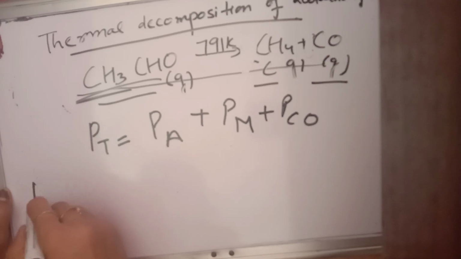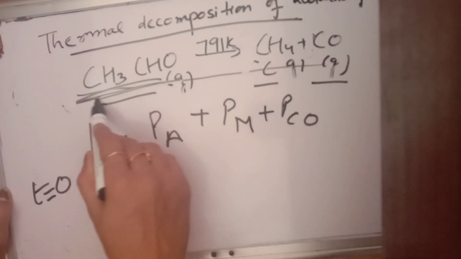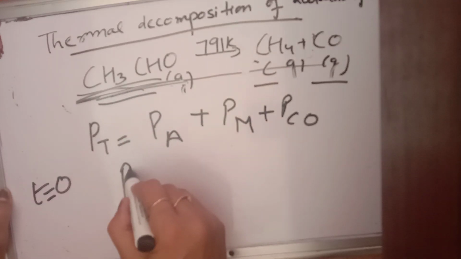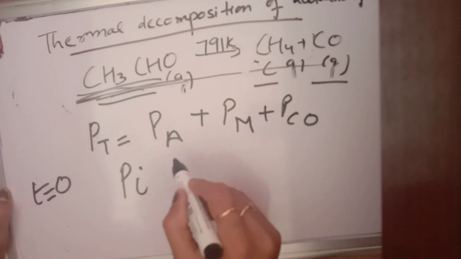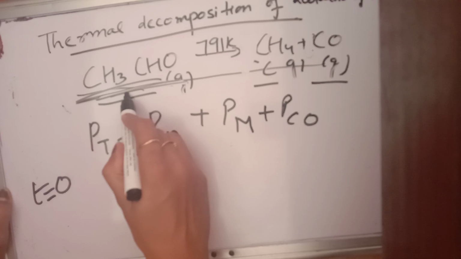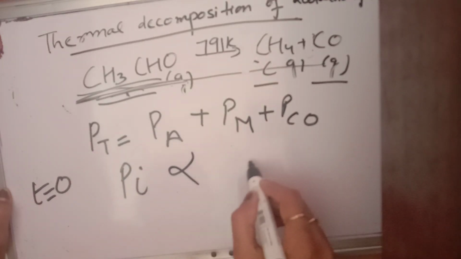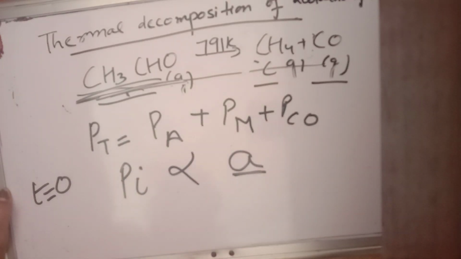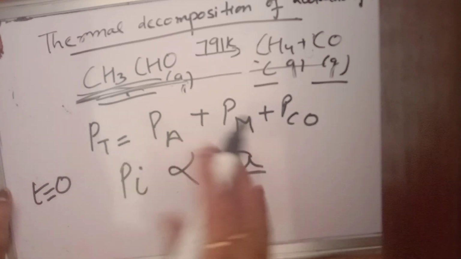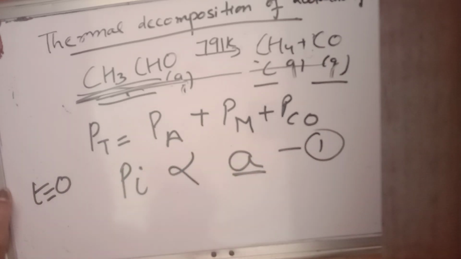Initially, when time is 0, when no reaction has taken place, there is only acetaldehyde. So my initial pressure will be only because of acetaldehyde. So Pi is proportional to A, the initial concentration of acetaldehyde.